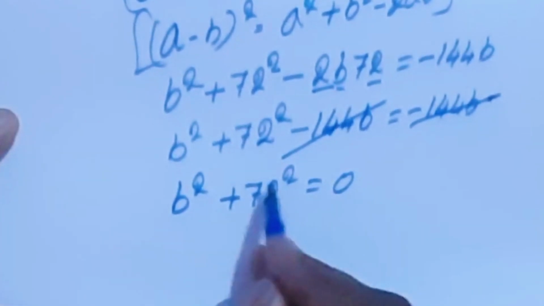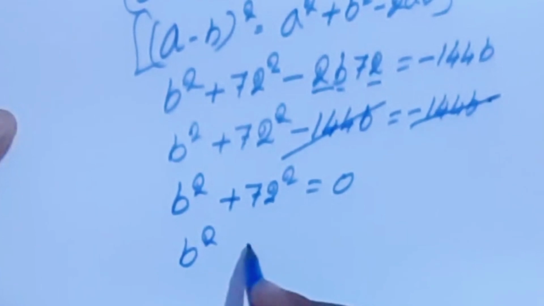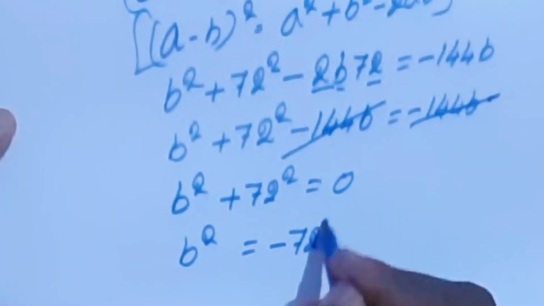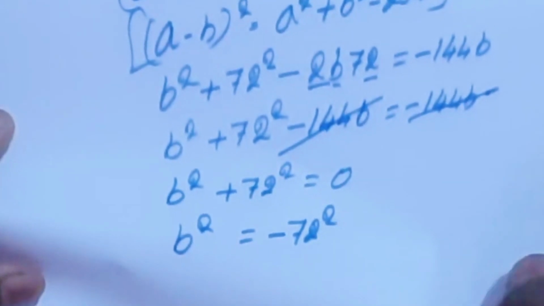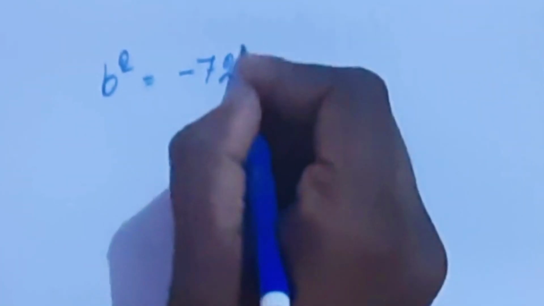Now we are moving this to the right-hand side. So b square equals minus 72 square.